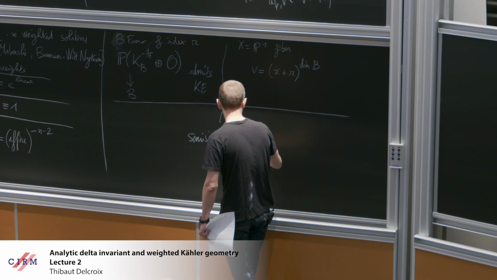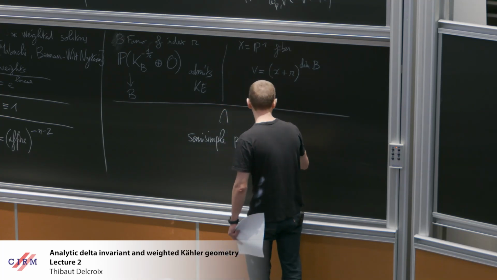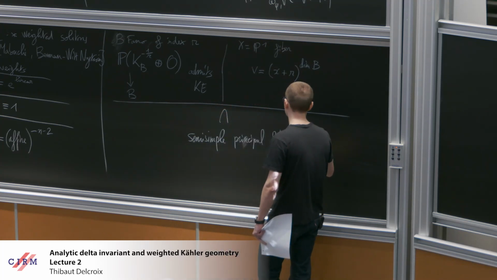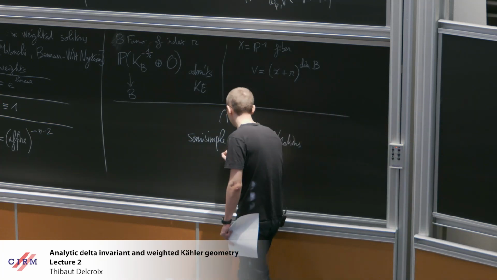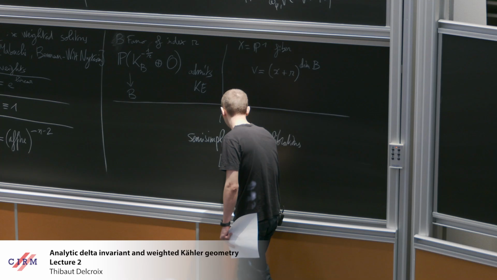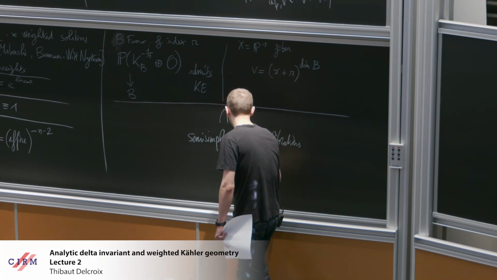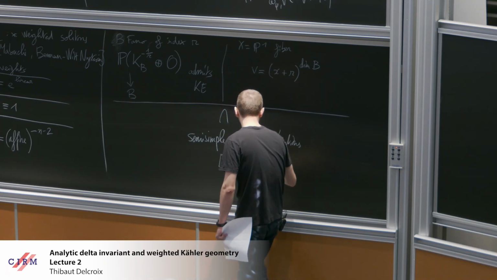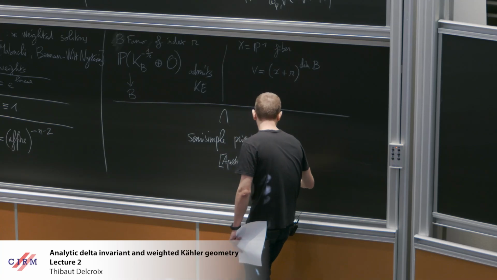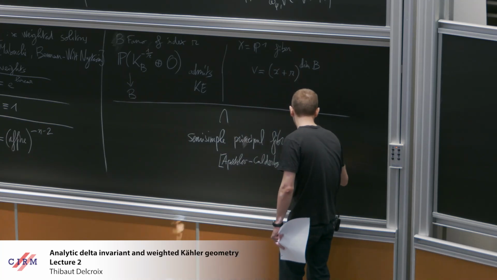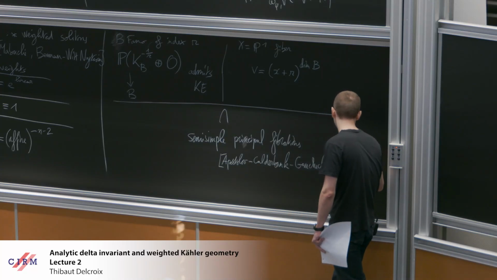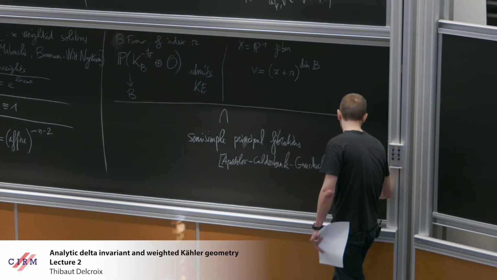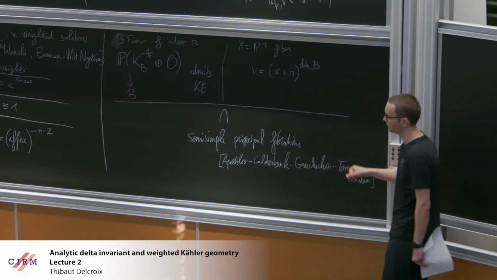And this is part of a general construction which are called semi-simple principal fibrations. I will not talk about this much, but this was introduced by Apostolov, Calderbank, Gauduchon, Tønnesen-Friedman, at least when the fiber is toric.